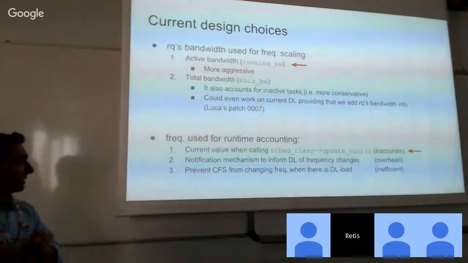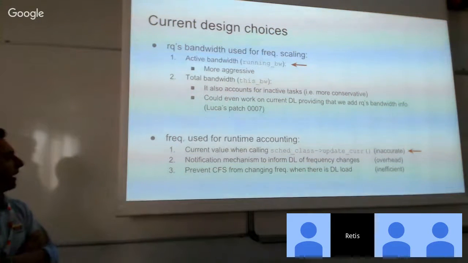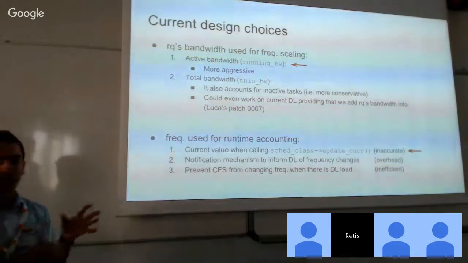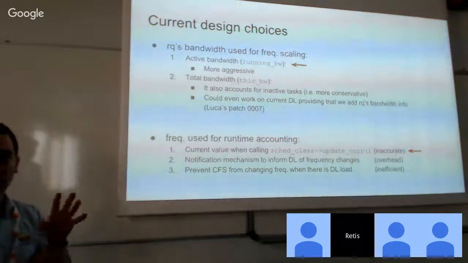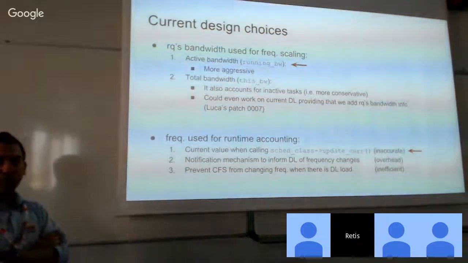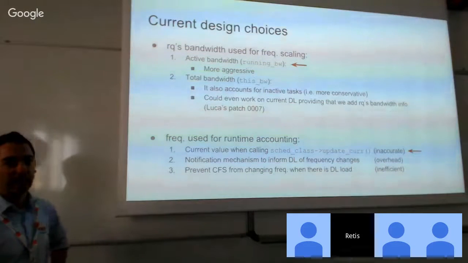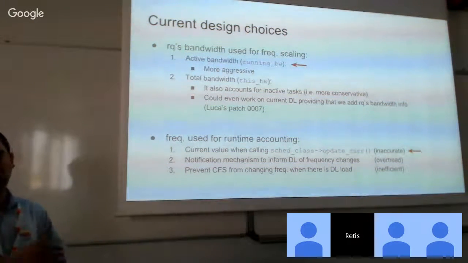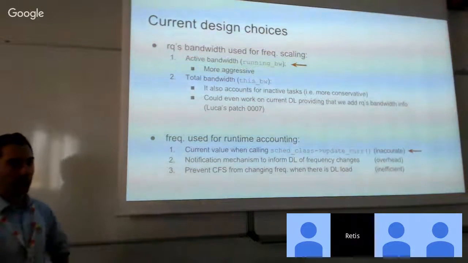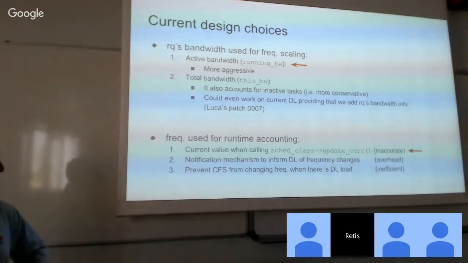The first choice that we have made, as Luca said yesterday, is that his patch set keeps track of two different utilizations for the run queue. There is the active bandwidth, which is the bandwidth of all tasks that are in active state, so not the tasks that enter the zero lag time or inactive state, as in the GRUB terminology.